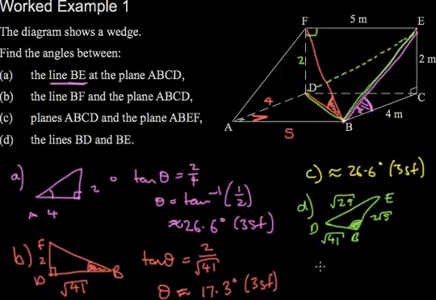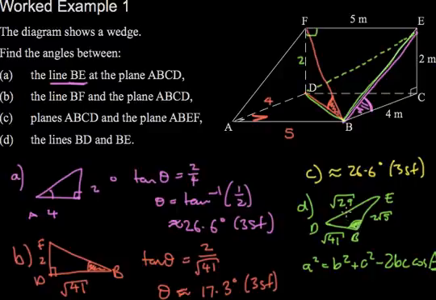So I could use the cosine rule now. I'm going to do it slightly differently to that. Okay. So the formula is a squared equals b squared plus c squared minus 2bc cos A. And the first thing to label is that capital A, which is the angle I want to find, which in this case is here.